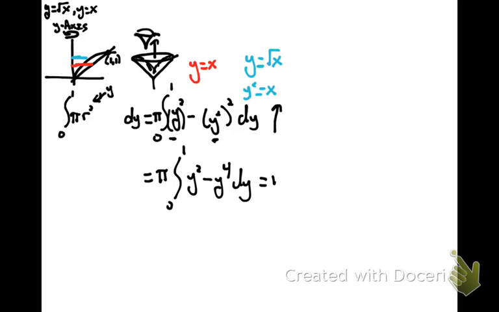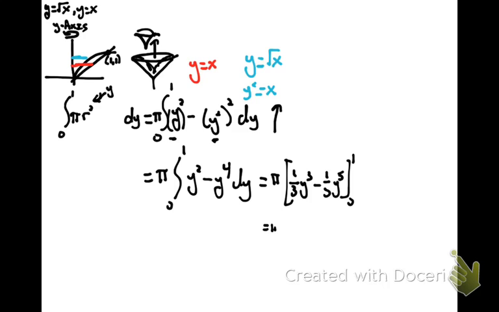When we integrate, we get 1/3 y cubed minus 1/5 y to the 5th from 0 to 1.